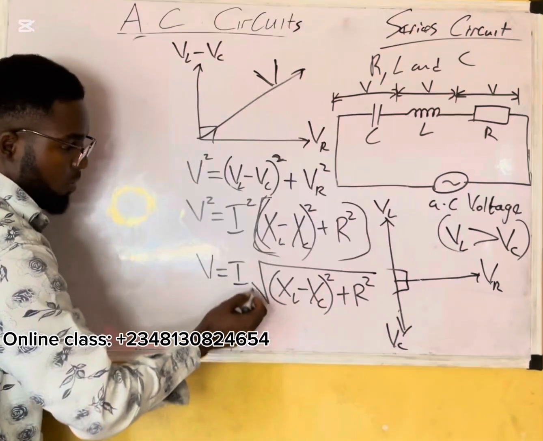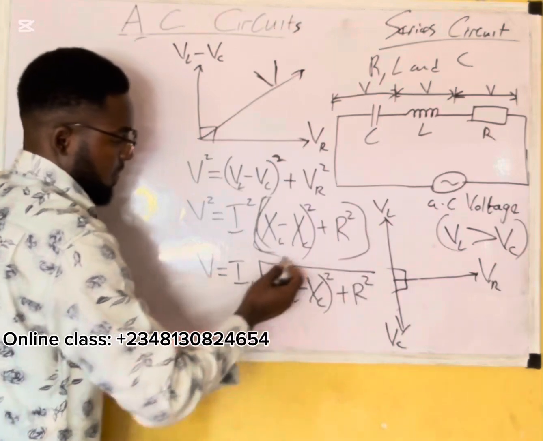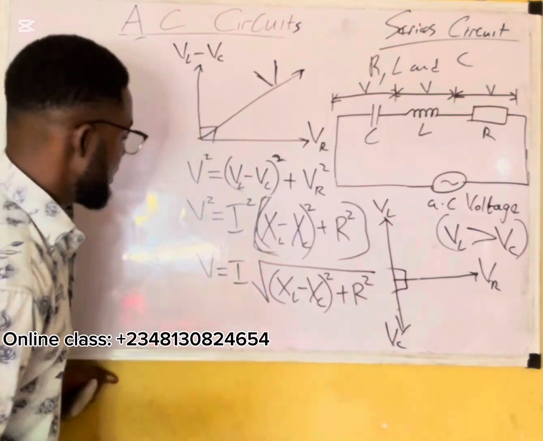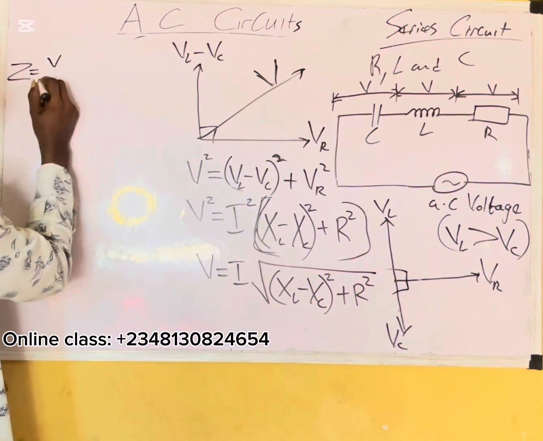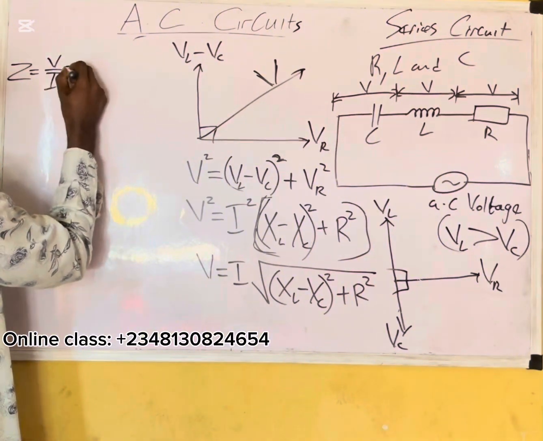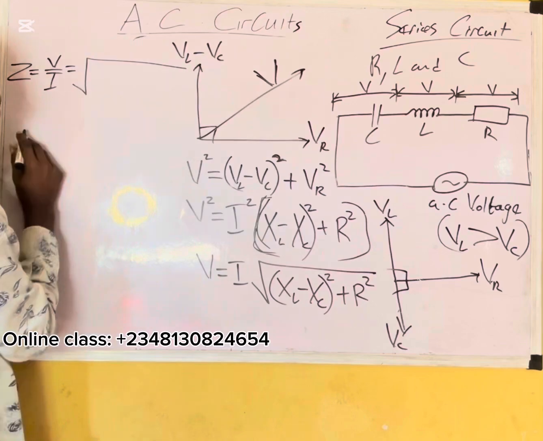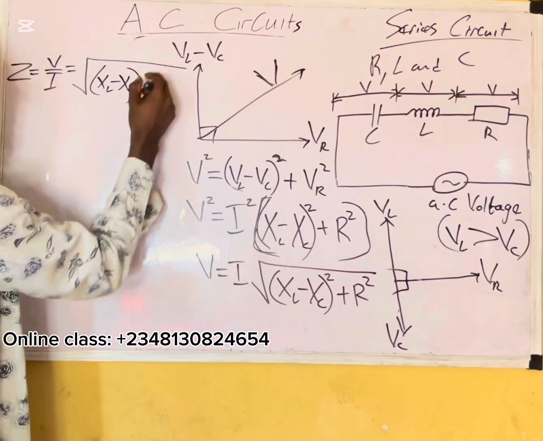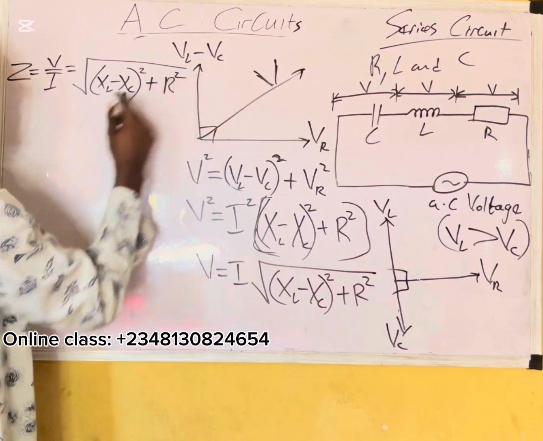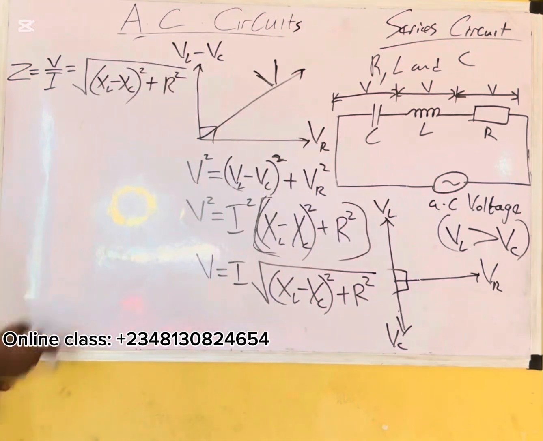So everything here becomes the impedance. So that is the impedance, Z, which is equal to V over I, which is equal to the square root of (X subscript L minus X subscript C) to the power of 2 plus R to the power of 2. And this is the impedance.